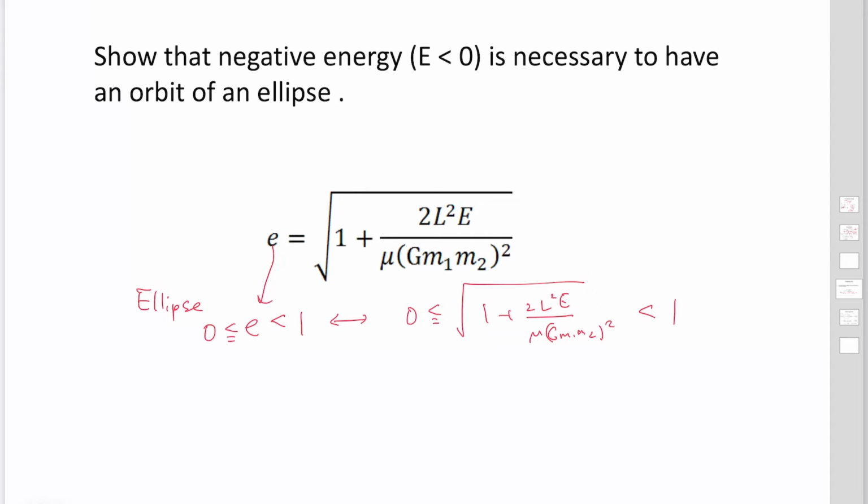So this means taking the square root, and then 1 minus... it becomes minus mu G m sub 1 m sub 2 squared over 2L squared, less than E, less than 0.